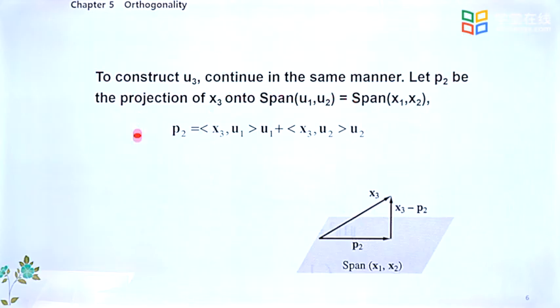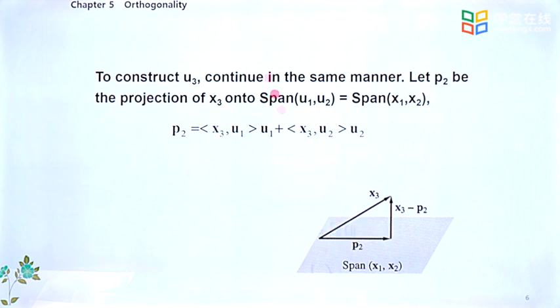Let p2 be the projection of the vector x3 onto span of u1, u2, which equals the span of x1, x2. So we write p2 as a linear combination of u1, u2. The coefficients before u1, u2 are just the inner products of x3 with u1 and of x3 with u2.